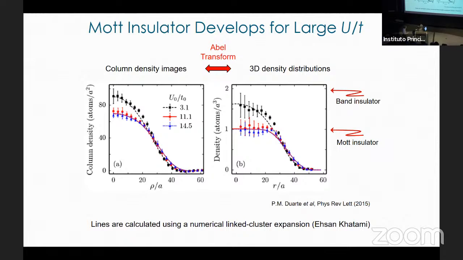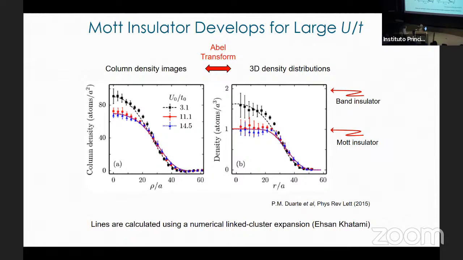You can see that if the temperature is relatively high, or relatively low but the interaction strength is low, then there's just a more smooth, Gaussian-looking function of density as a function of radius. But these are the so-called Mott plateaus.